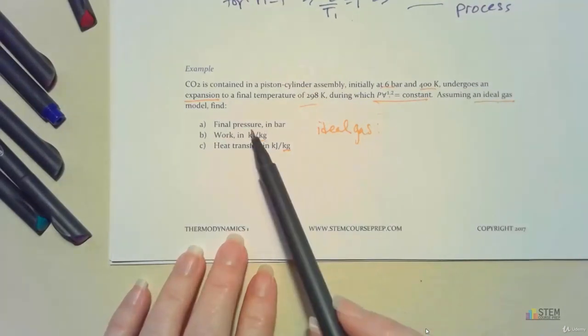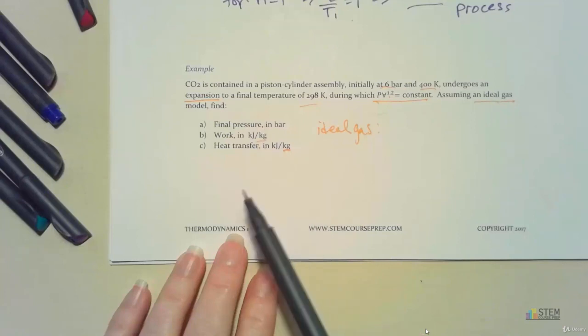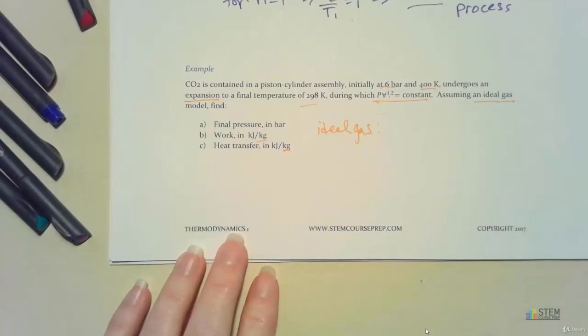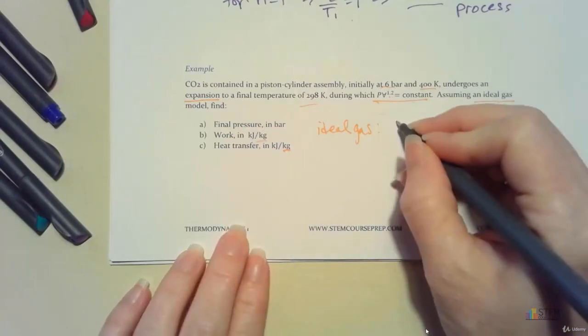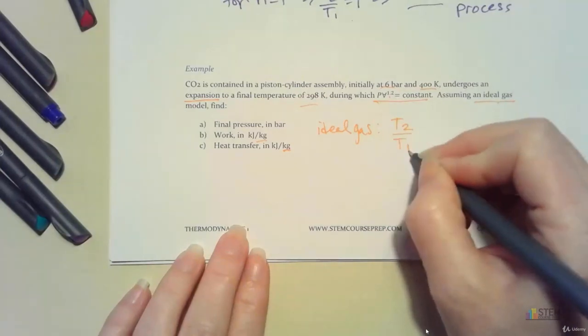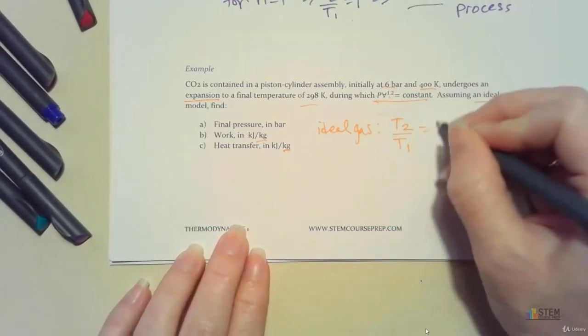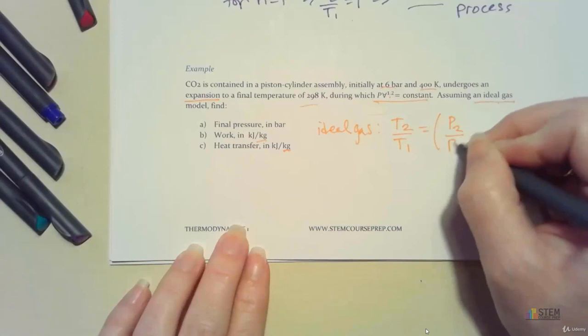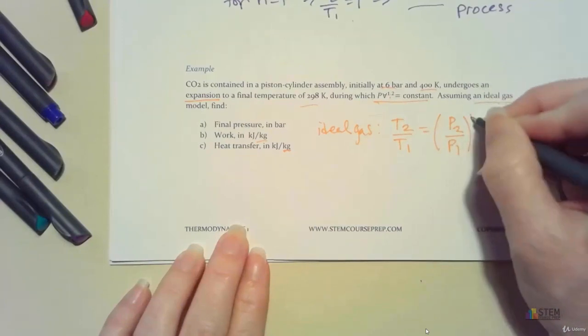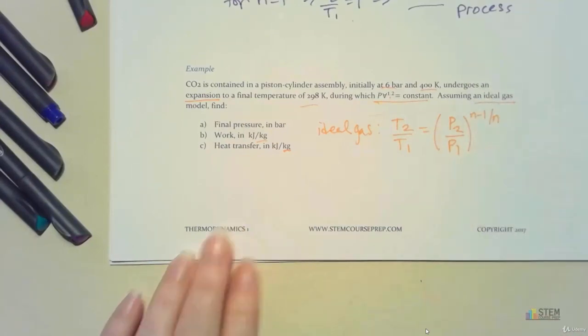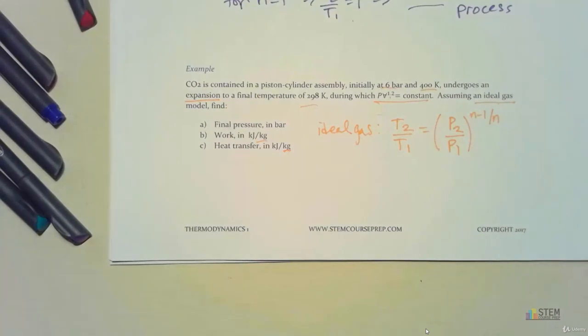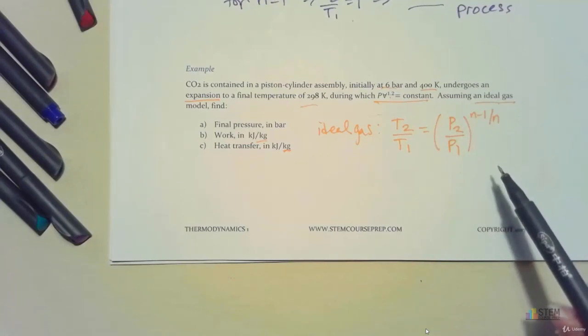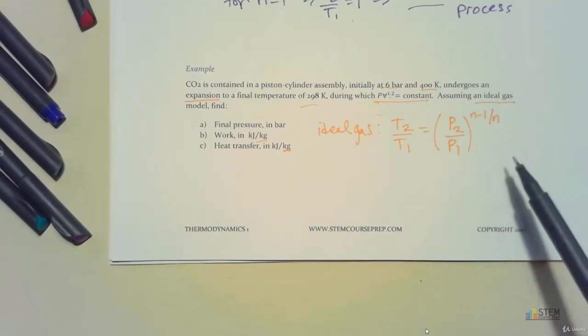And to do that, let's see what we want to find. We want final pressure here. So if we want final pressure, we want to use an equation that has pressure in it. So let's use T2 over T1 equals P2 over P1 to the power of N minus 1 over N. That's an expression we developed in the last video when we were talking about the polytropic process with an ideal gas.